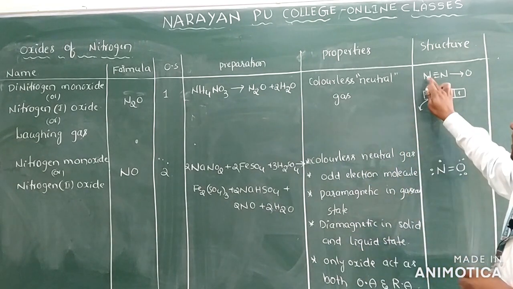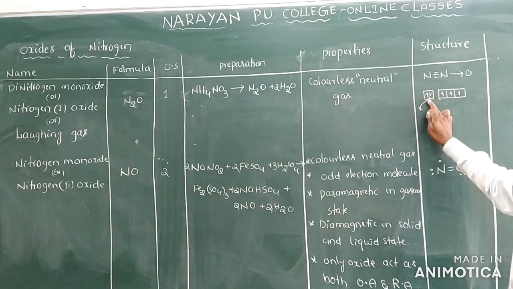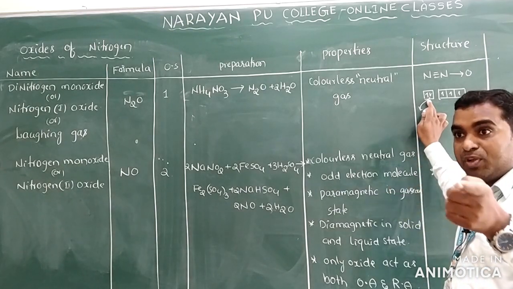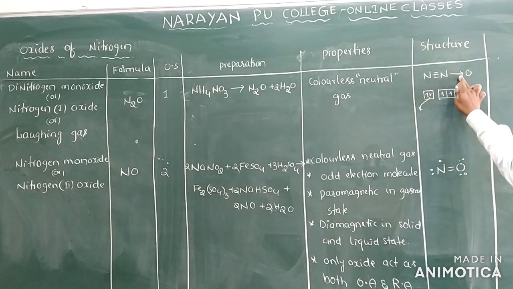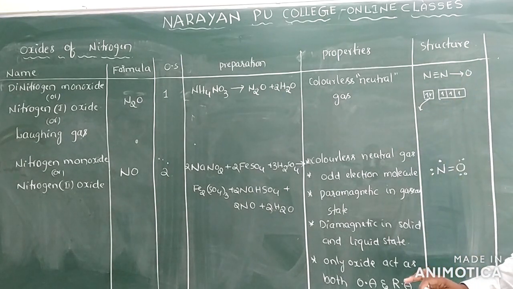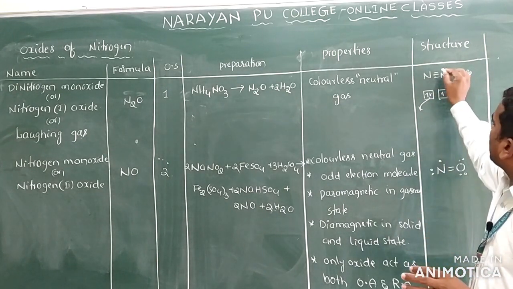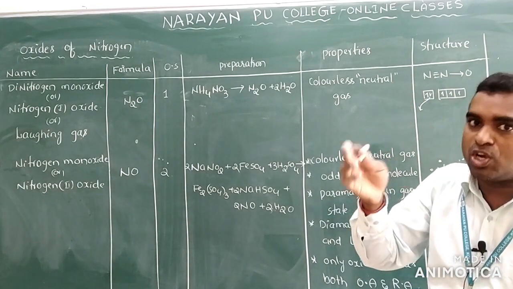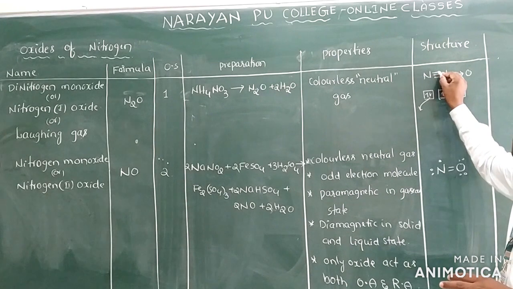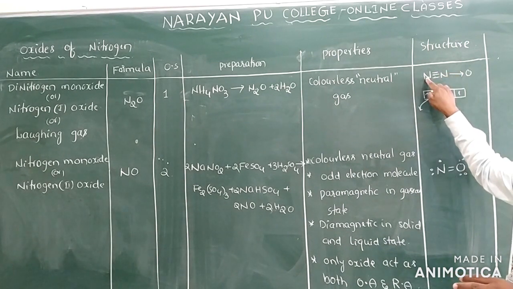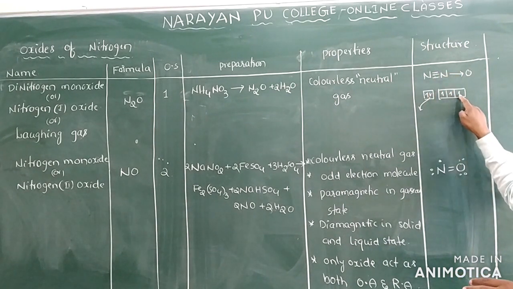So if nitrogen uses its pair of electrons in bond formation, it forms a dative bond, that you have to remember. It is losing a pair of electrons, so it gets a positive charge. This nitrogen is making 3 bonds with the other nitrogen, so these 3 electrons have been used.